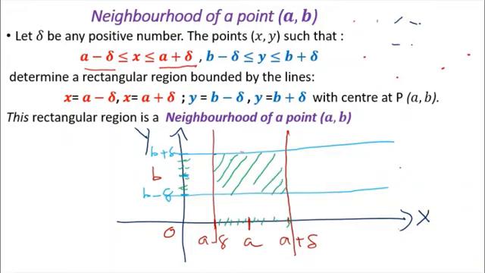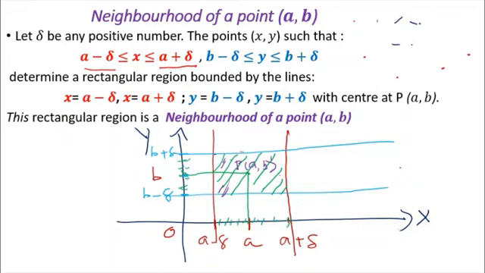The point P (A, B) will lie in this rectangular region. So the neighborhood of the point P (A, B) will be a rectangular region, where x lies in the interval A minus delta to A plus delta, and y lies in the interval B minus delta to B plus delta.